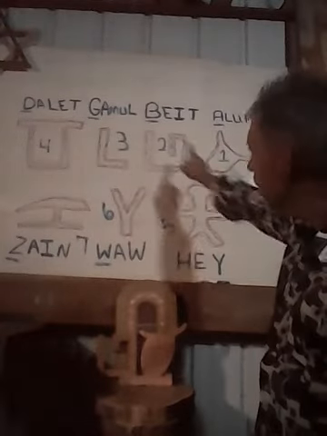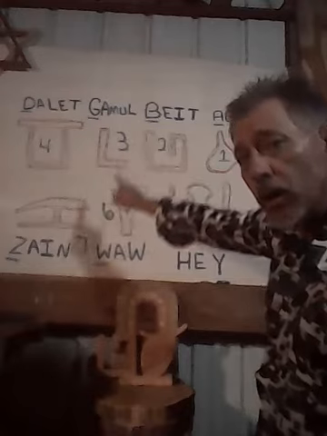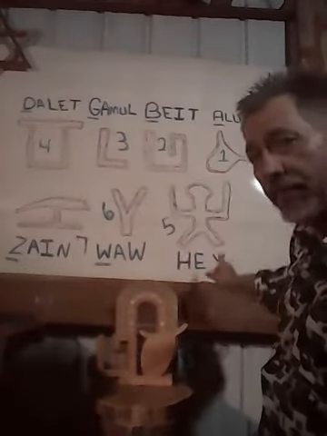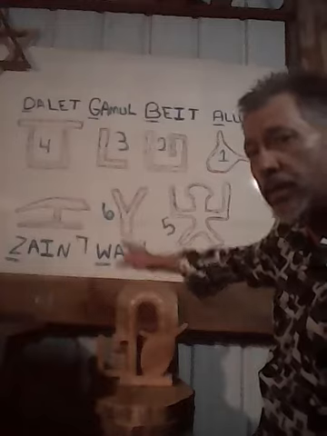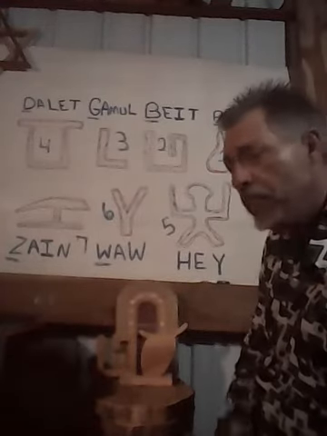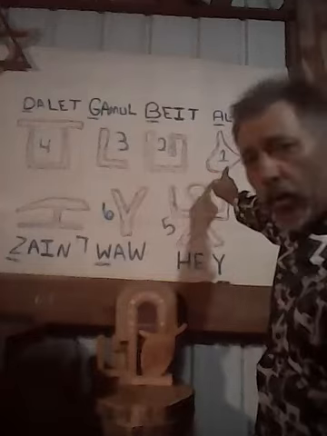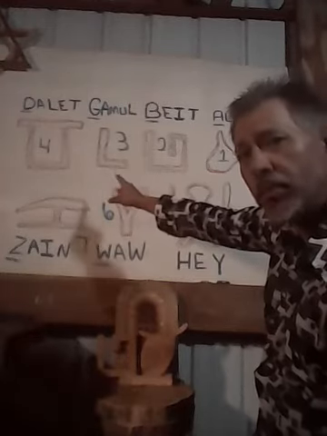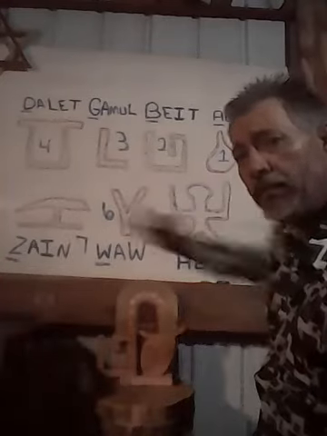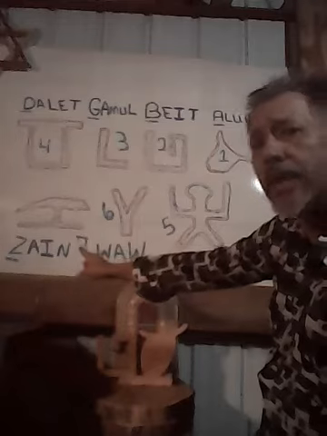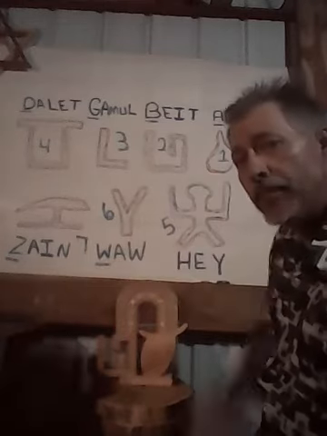Aluph 1, Beit 2, Gimel 3, Dalet 4, Hey 5, Wal 6, Zain 7. Let's say that one more time, okay? Aluph 1, Beit 2, Gimel 3, Dalet 4, Hey 5, Wal 6, Zain 7.